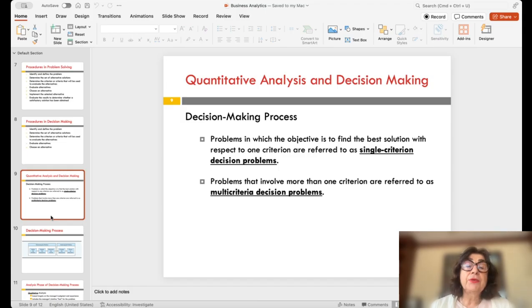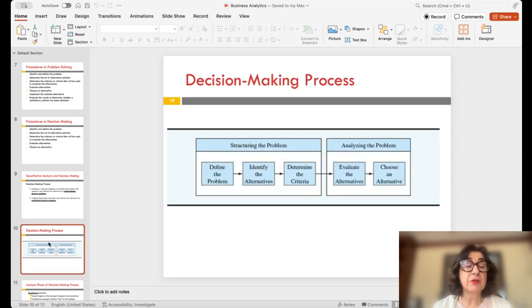Now let's look into quantitative analyses and the decision-making process. There are two different ones. There could be a single criterion decision problem, and this is going to be finding the best solution with respect to one criterion. And there are also the problems with several criteria, and that's going to be the multi-criteria decision problem.